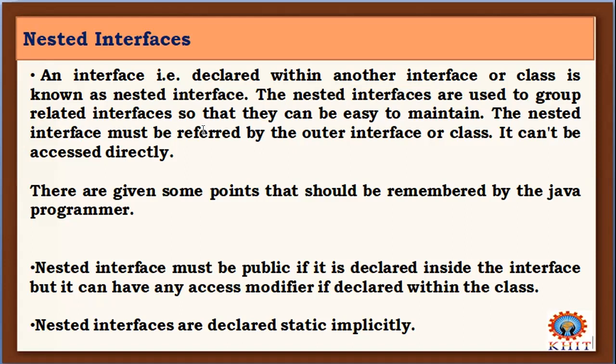Okay. The members of the inner interface cannot be directly accessed. Remember this point. They can be accessed through the name of the outer interface. Okay, and you can combine the name of the outer interface and the inner interface by using a dot symbol.